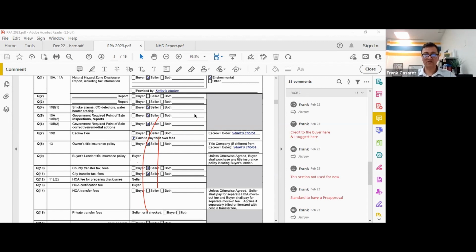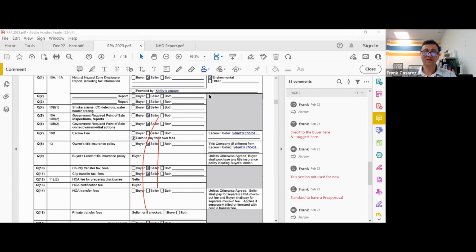Because remember, we're not contractors. I think oftentimes buyers feel like, well, you're an agent, you should know all of this stuff. You should know everything. You should be an expert. No. If you look at our disclosures, like our AVID, our agent visual inspection disclosure, it says it right there.